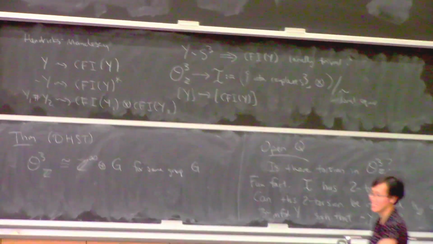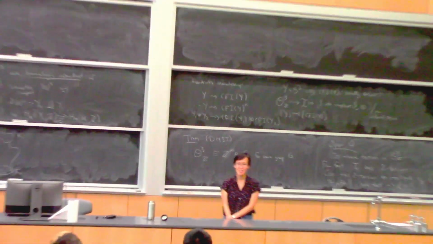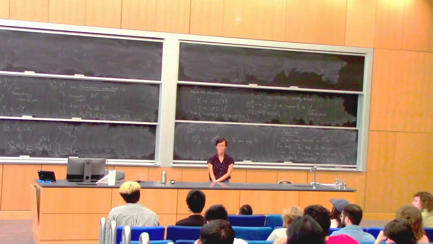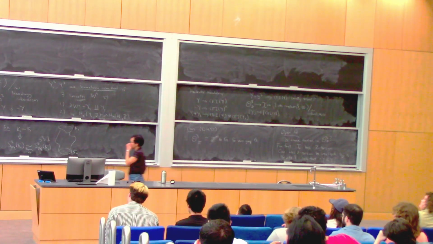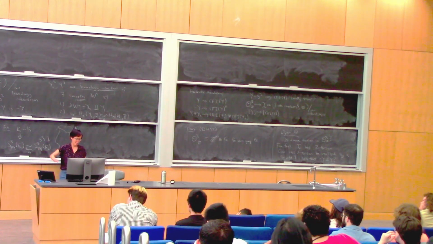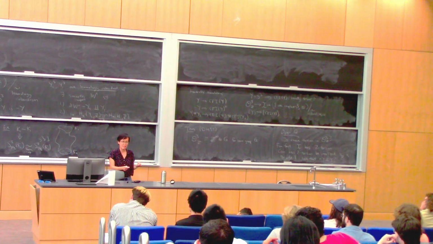I want to understand the relation between knots and three-manifolds correctly. You have a map from knots to three-manifolds, but it doesn't respect connected sums.